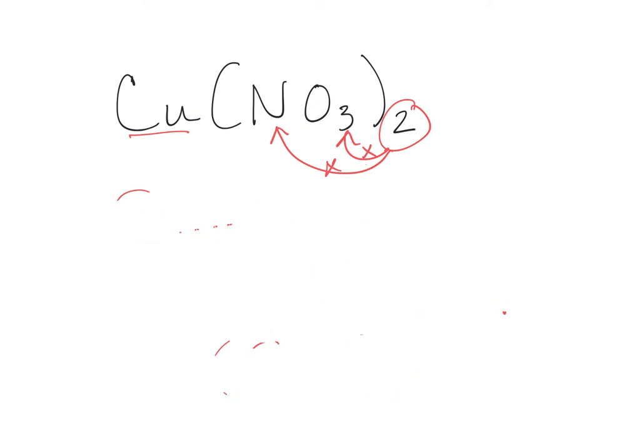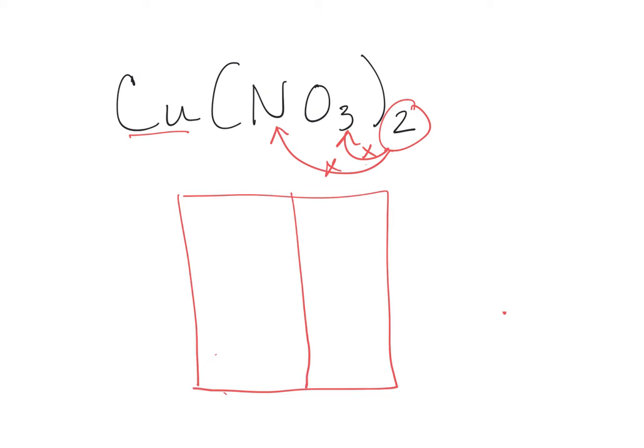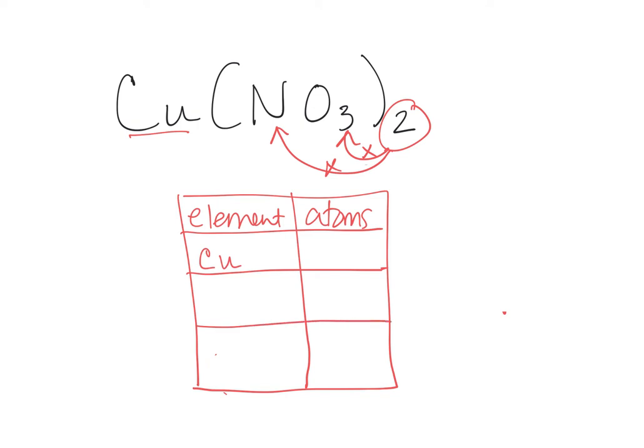So we are going to look at that in motion now. We can draw a little chart here so we can see this happening. Element will go on the left, the atoms will go on the right. I'm going to put Cu right here, and N right here, and O right there.